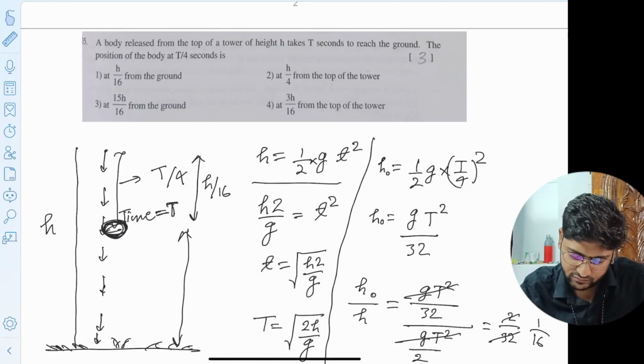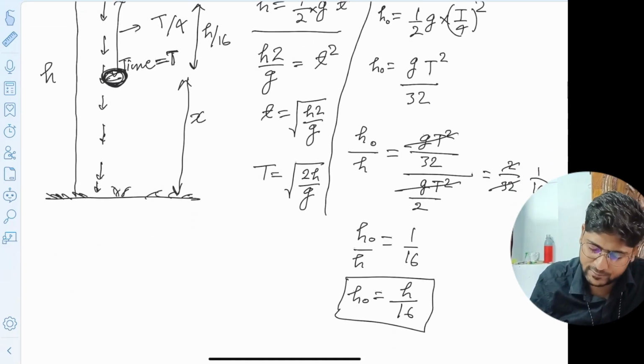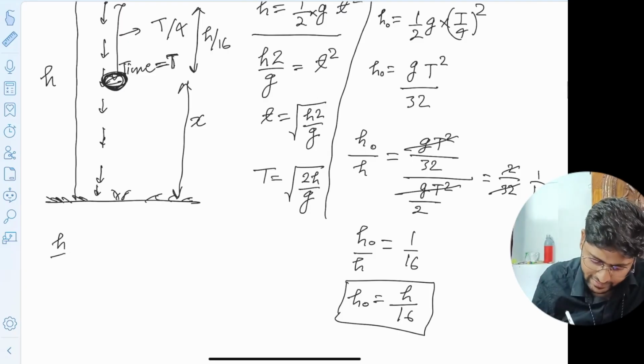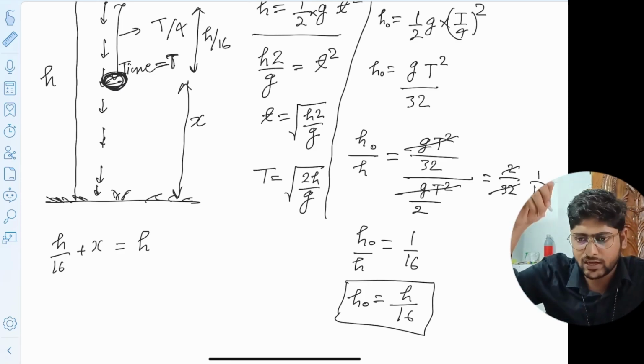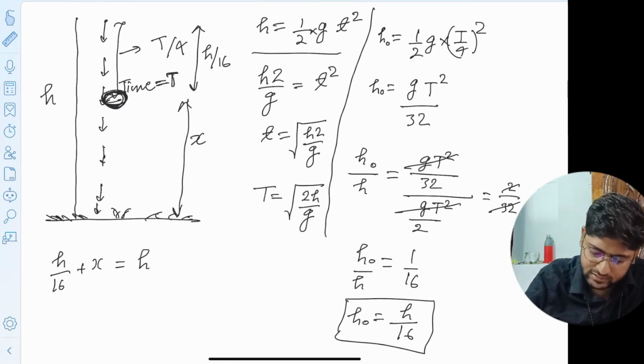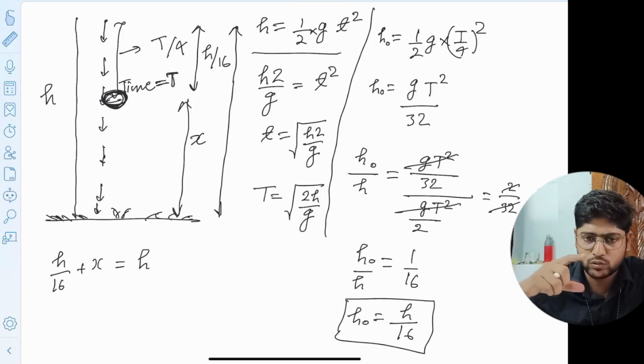If this is h by 16 and suppose this is x, then h by 16 plus x equals the total height h.